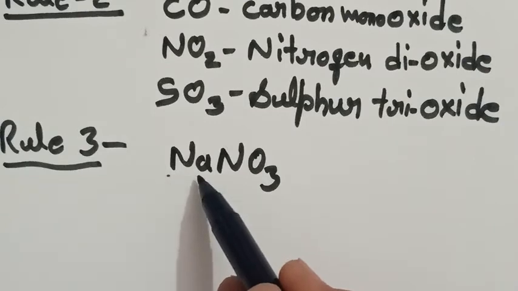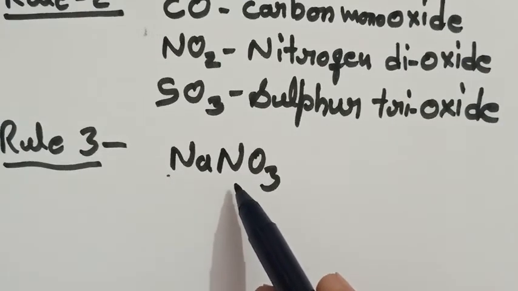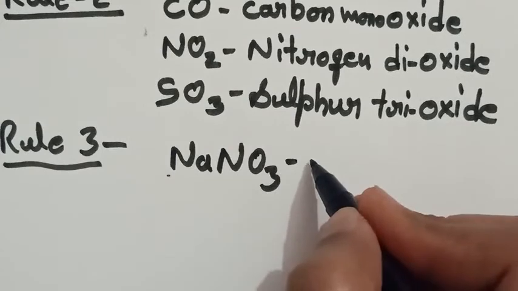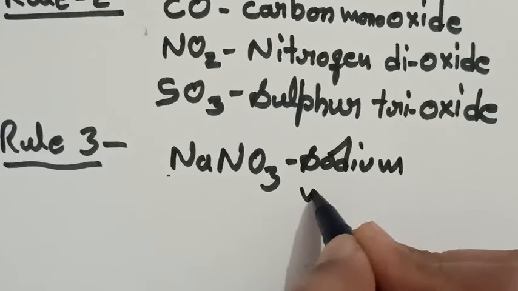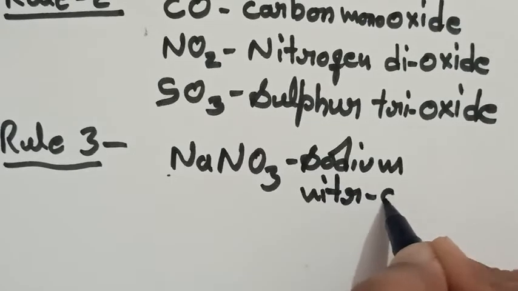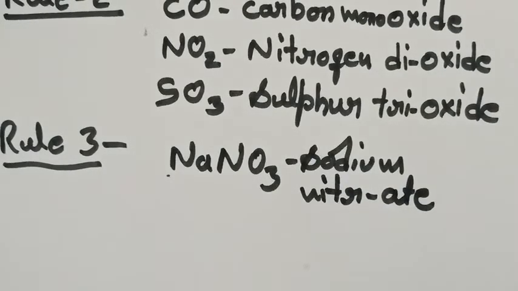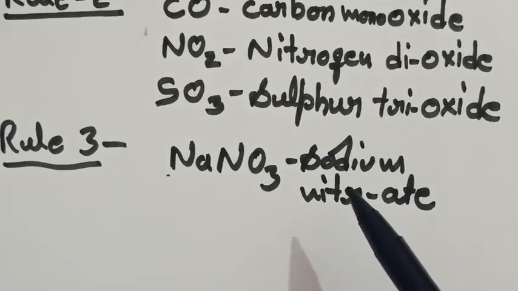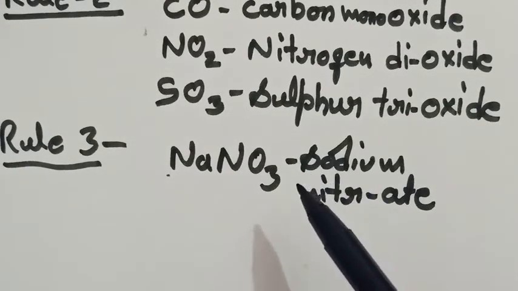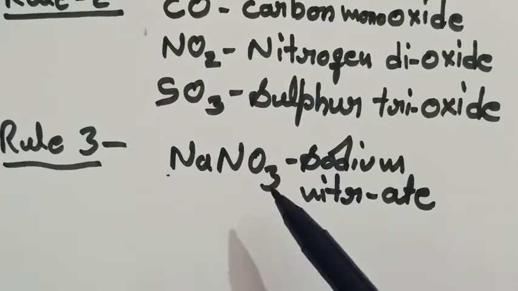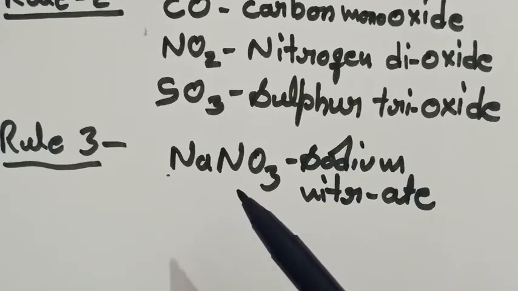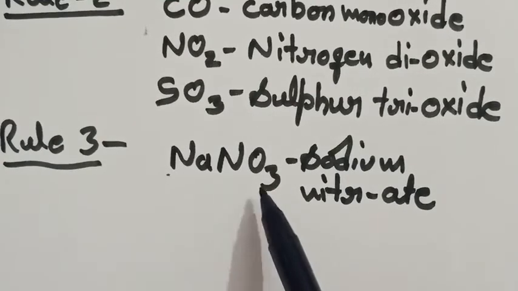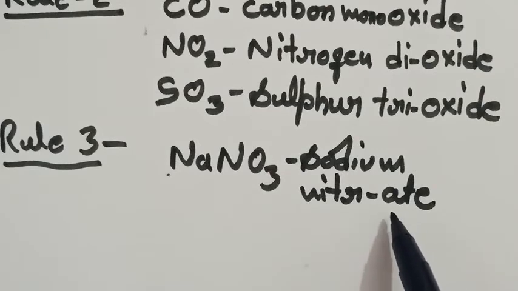So sodium nitrate. The name of this compound will become sodium nitrate. But student, this is provided that there is only one such compound. If there are two compounds, the one with more oxygen is named with "ate" and the other with less oxygen is named with "ite".